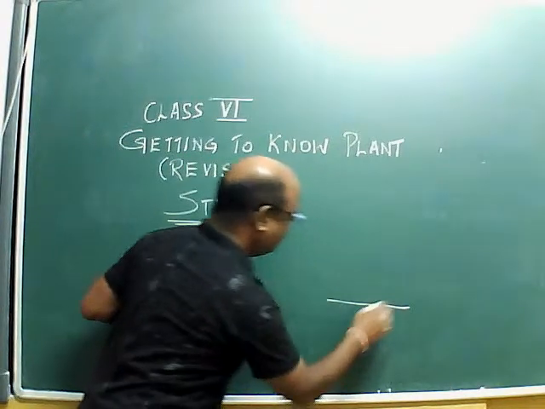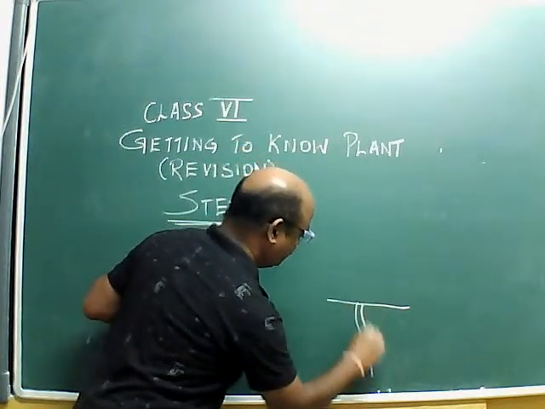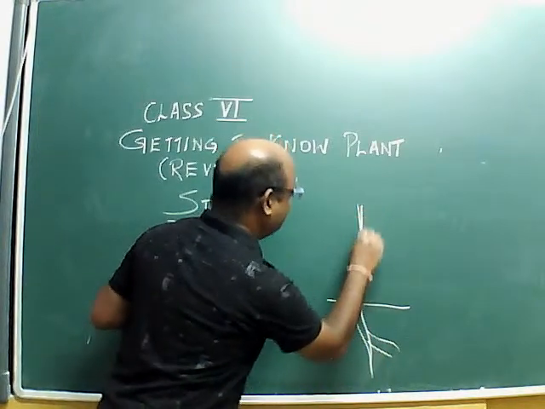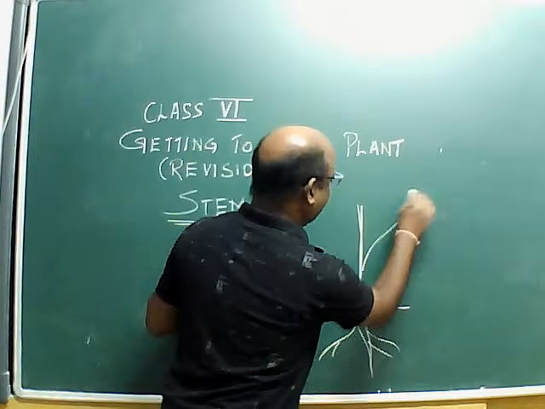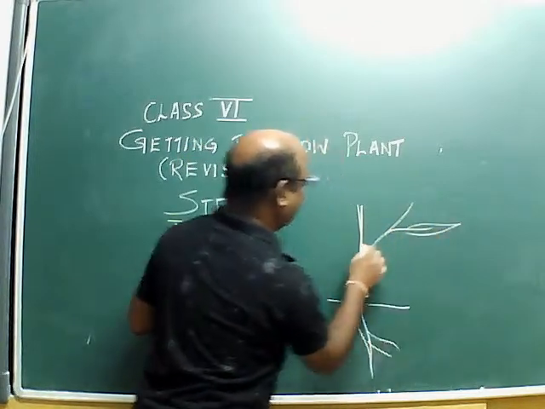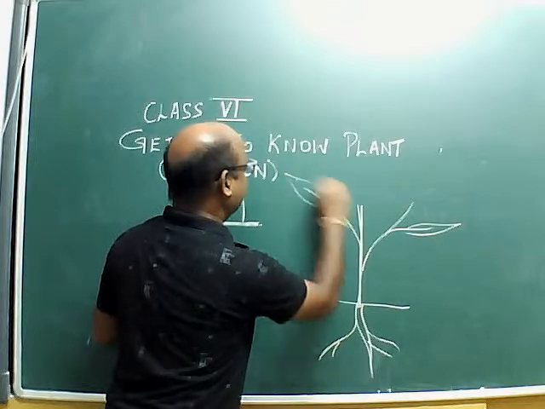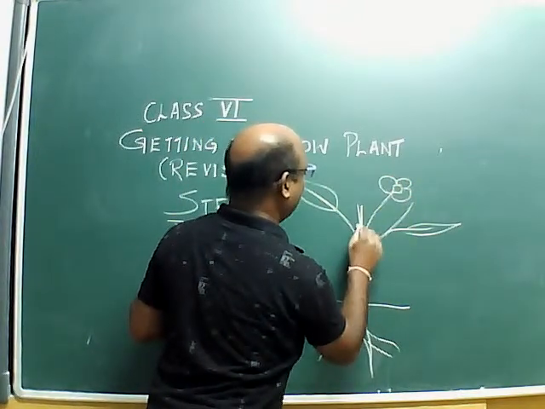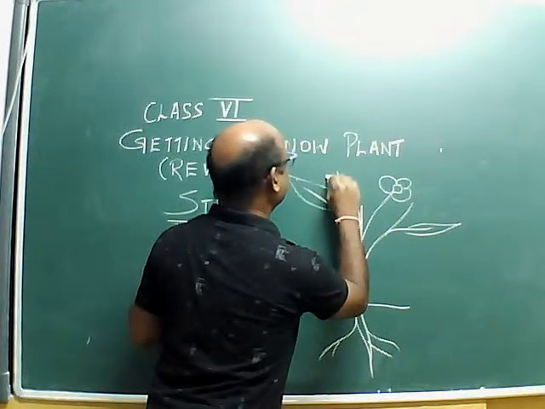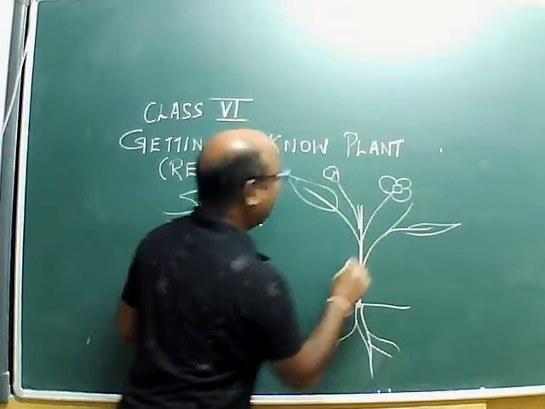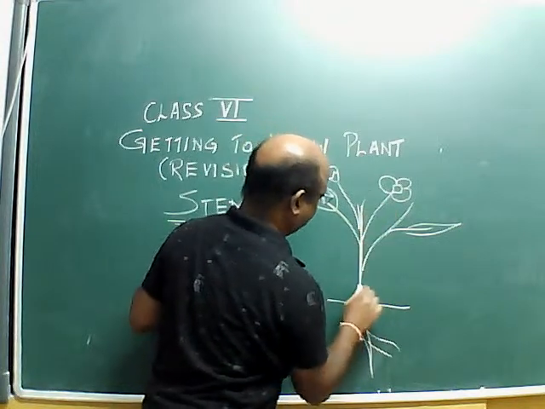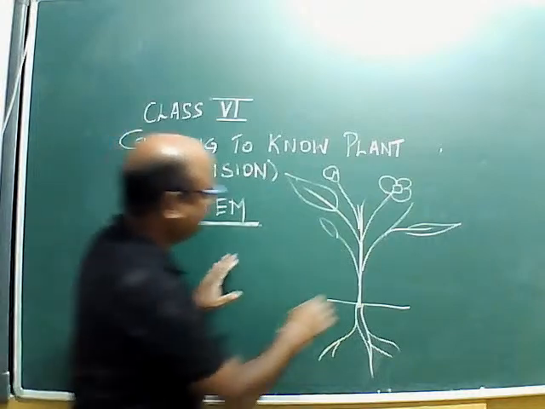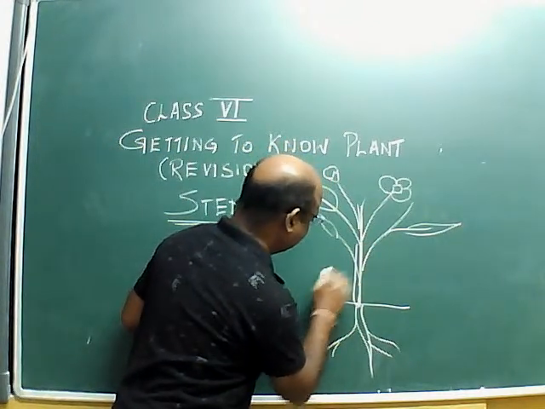For example, suppose this is the ground, this is the root. It is the stem which bears all the parts of the plant, like leaves, branches, flower, bud, fruit.